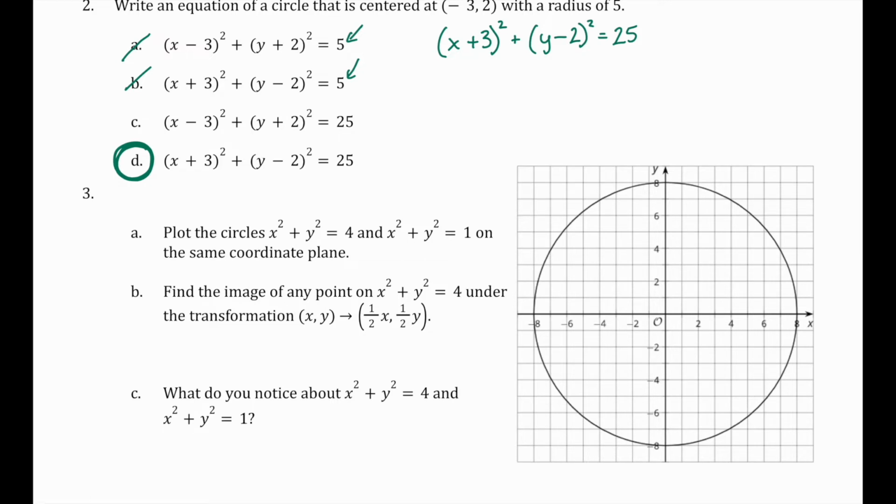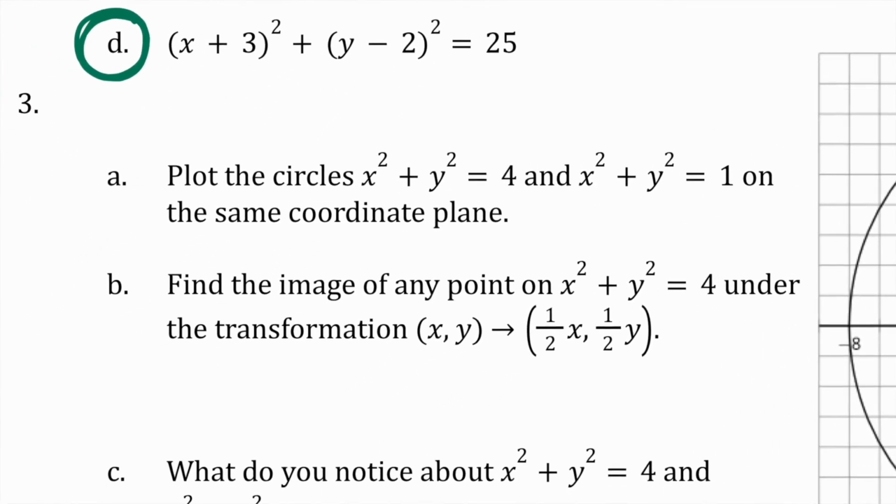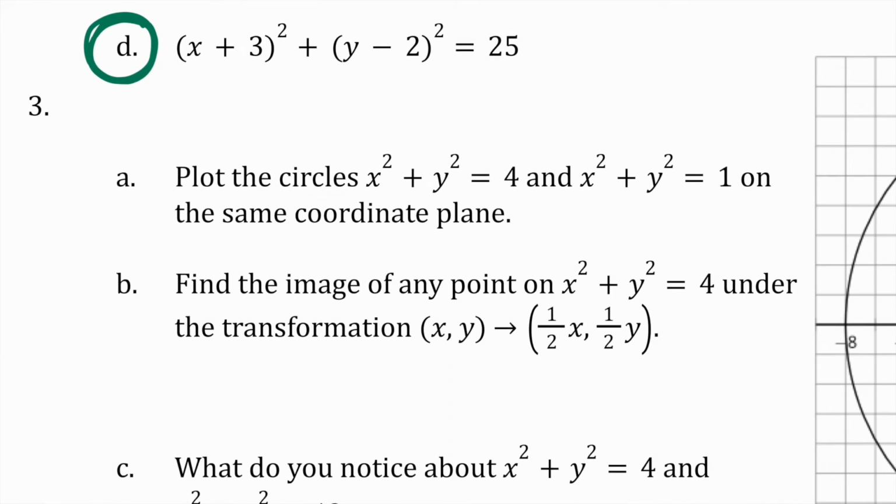X squared plus y squared equals 4. Well, this means if I'm looking through here that h is 0 and k is 0 and r, in this case, 2 squared is 4, so our radius is 2.